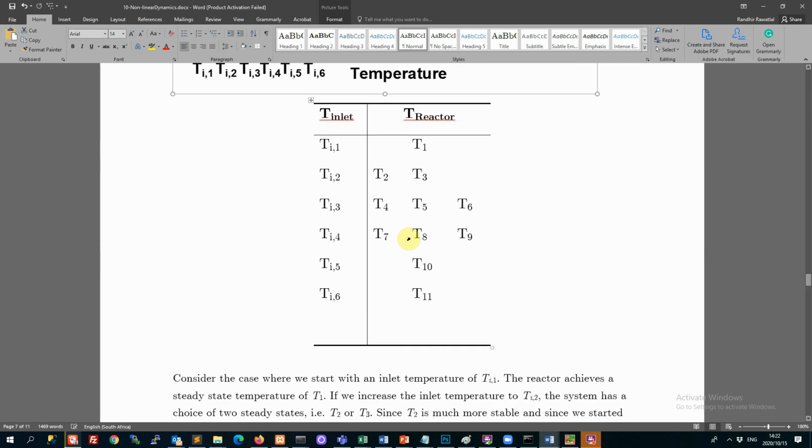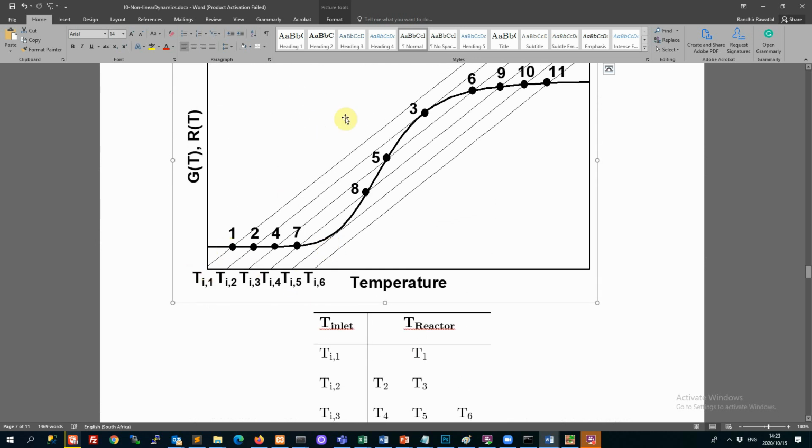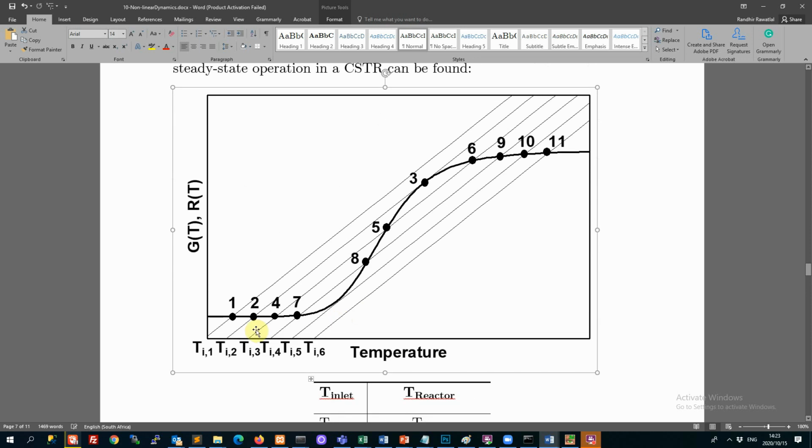You can also draw this nice table here and say, for inlet temperature 1, we have just one steady state possible. So that's shown there. T1 is that one available steady state. For inlet temperature 2, we have 2 steady states possible. So one stable steady state and one kind of saddle steady state.